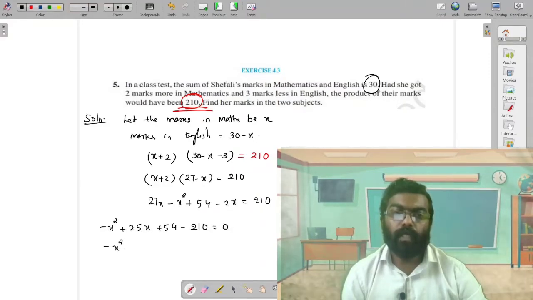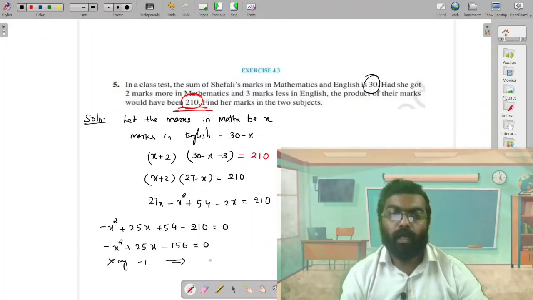That is minus x square plus 25x minus 156 is equal to 0. We can multiply throughout by minus 1, and we get x square minus 25x plus 156 is equal to 0. Here, in order to solve this quadratic equation, we can go for what?